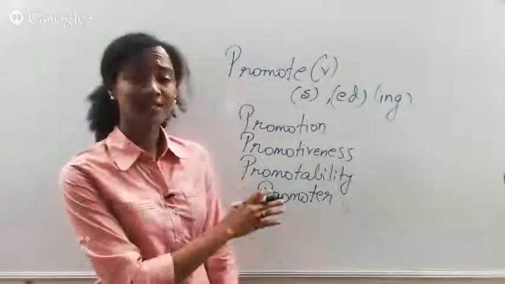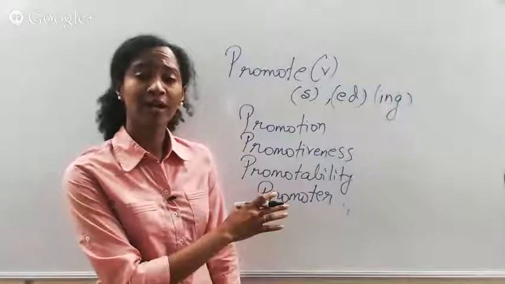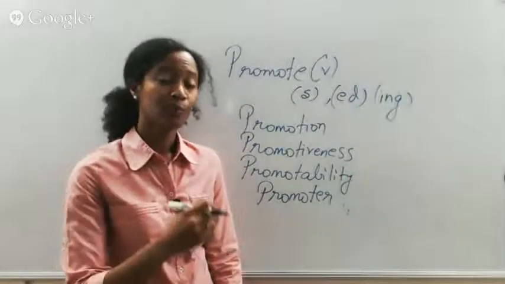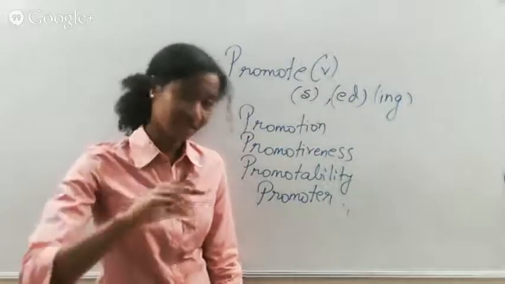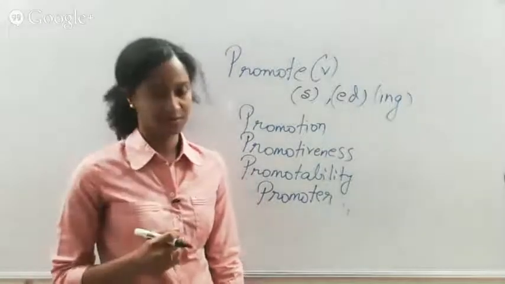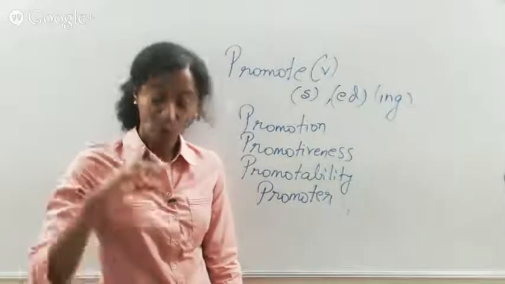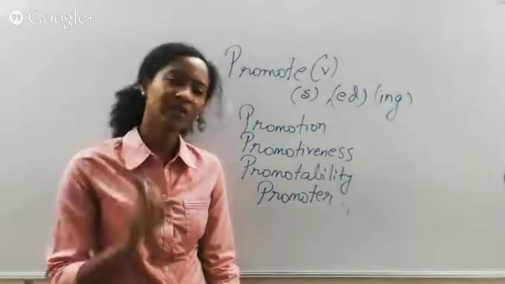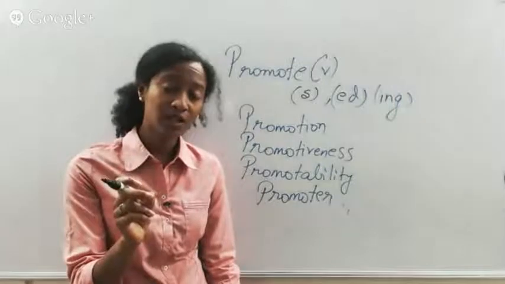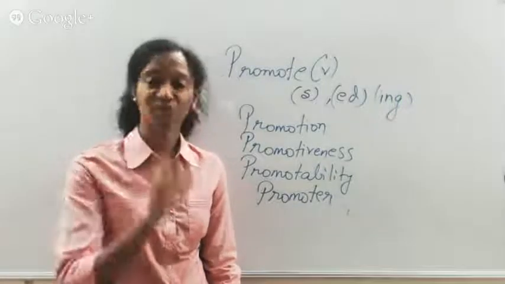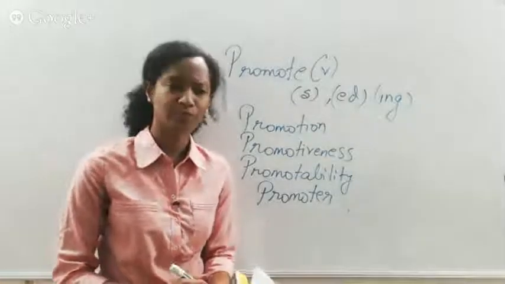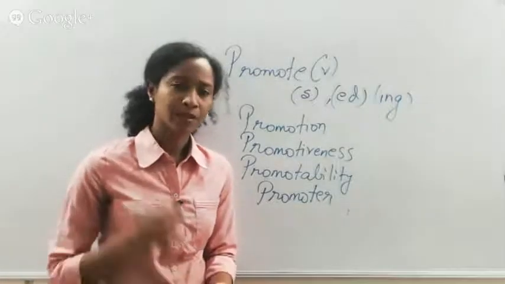Now, let's go ahead and what do you think is the adjective form of this? Promotive, okay, promotable, all right, promoting. Now you need to identify that some of the adjective forms may take up the past tense or the continuous verb form. What do I mean by that? Think about it.